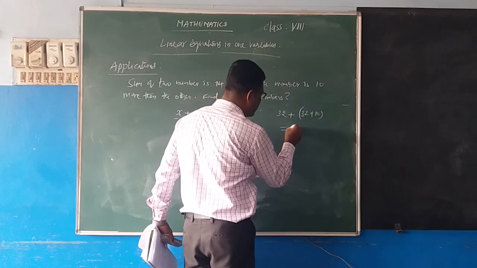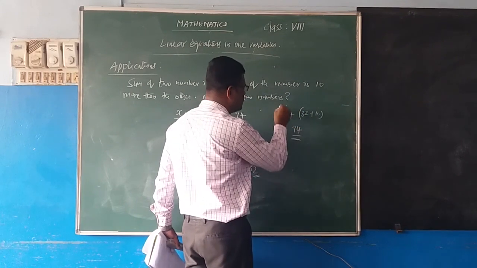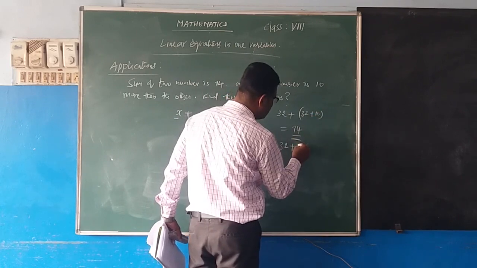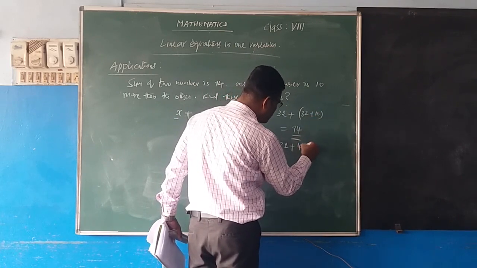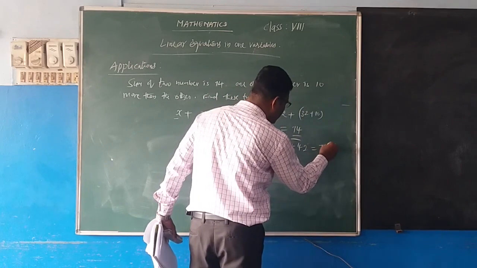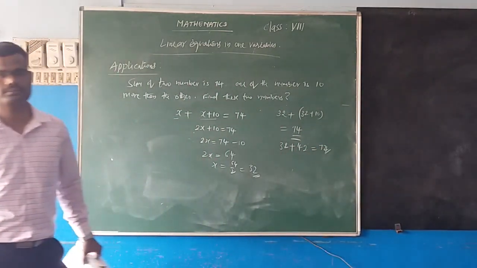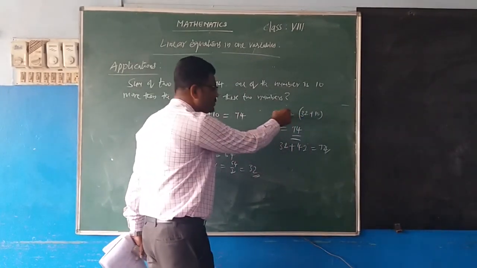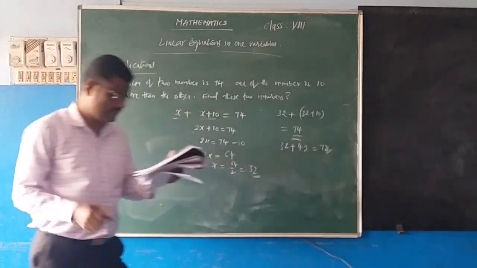If you add these, you should get 74. Is it true? Yes. This is the question: one number is 10 more than the other, so that you will get 74.